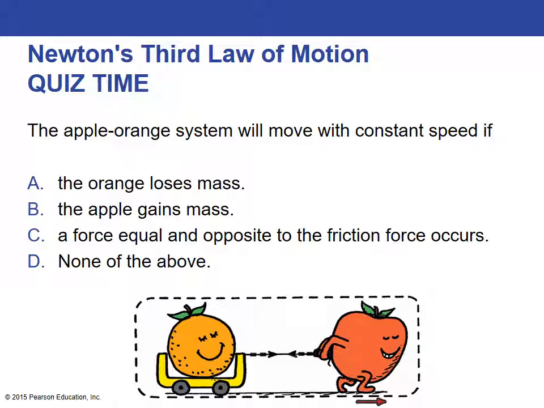So under what circumstance will this system move? Do we need to change the mass of the members of the system? Do we need to change the mass of the orange, change the mass of the apple? Do we need to have an equal and opposite force from friction external to our system, or none of the above?